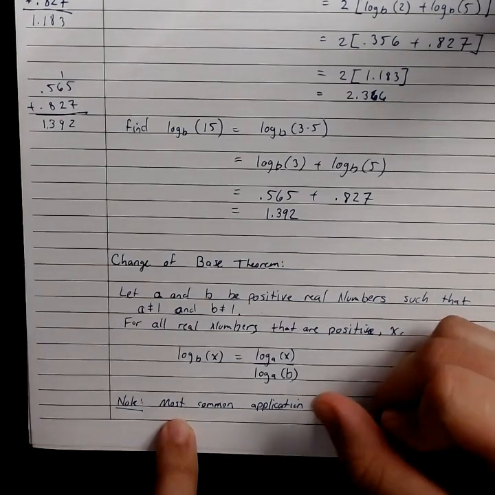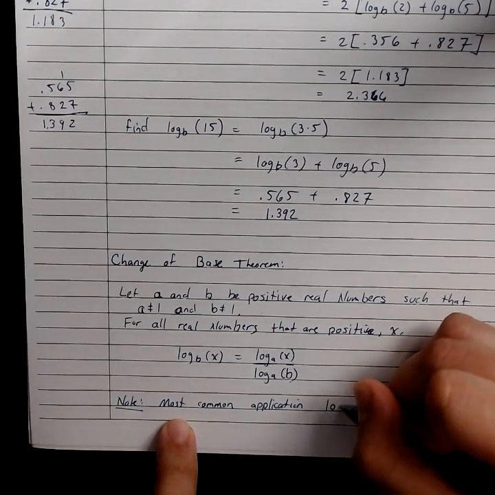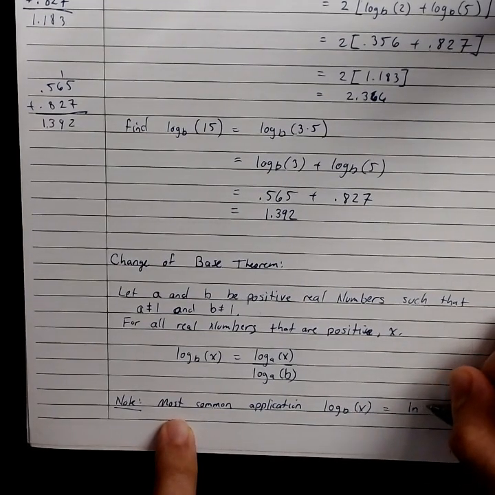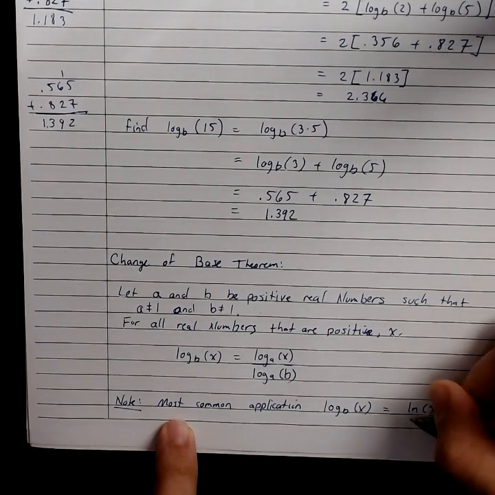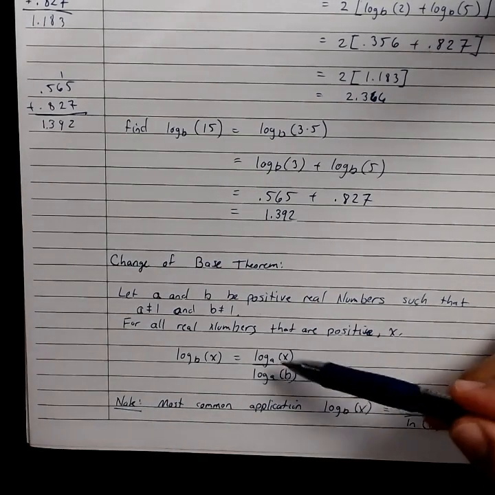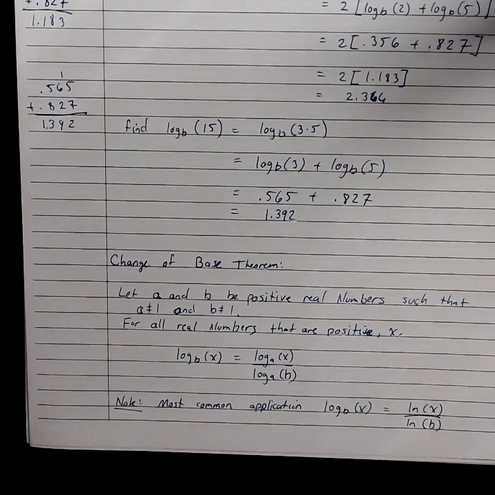The most common application is if you take log base b of x, that's equal to the natural log of x over the natural log of b. Here, you can change it to any base, but we often care about changing it to base e.